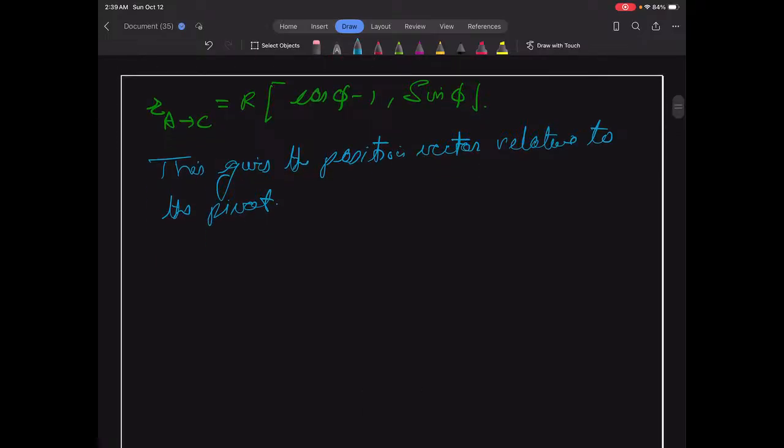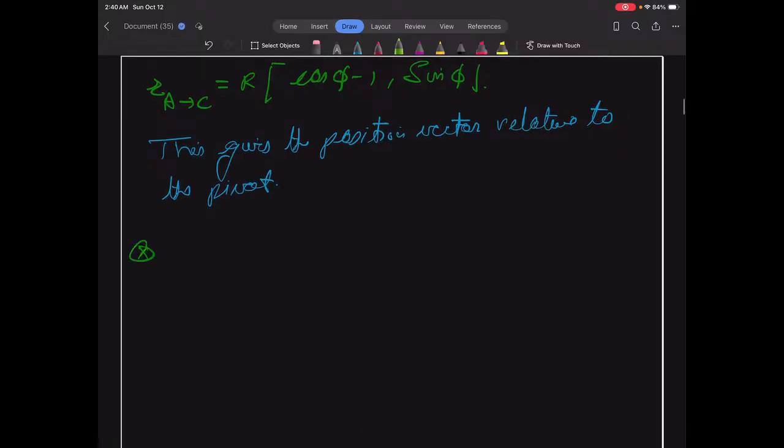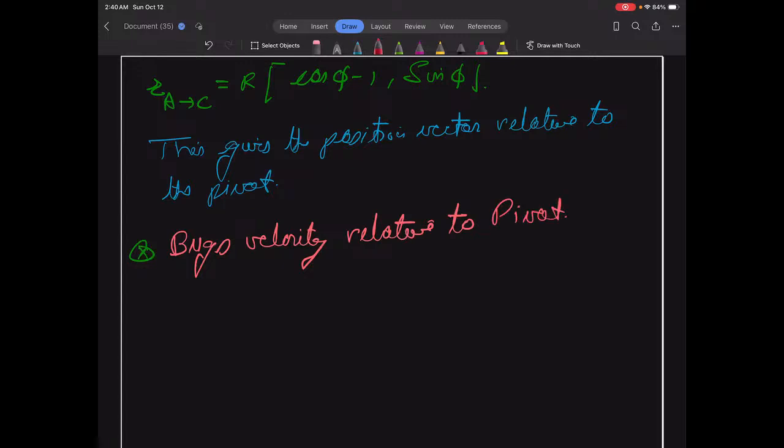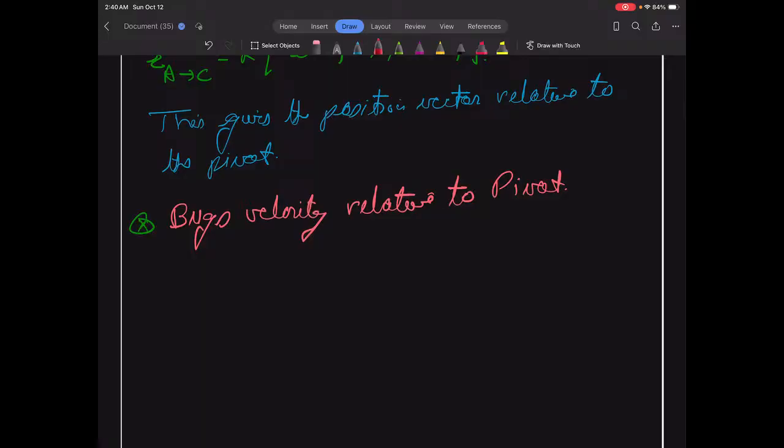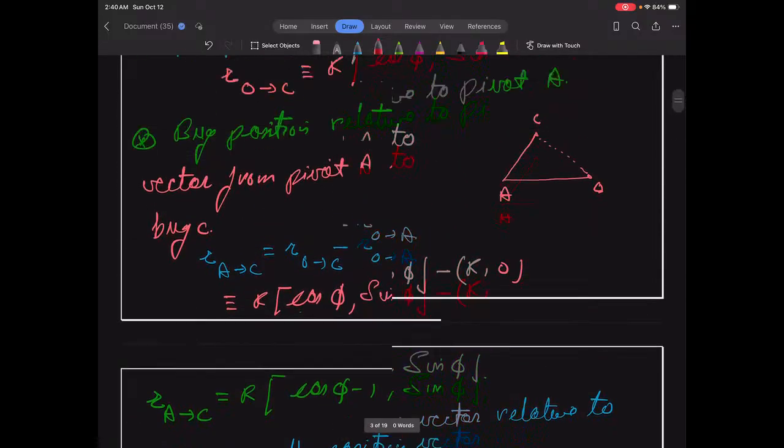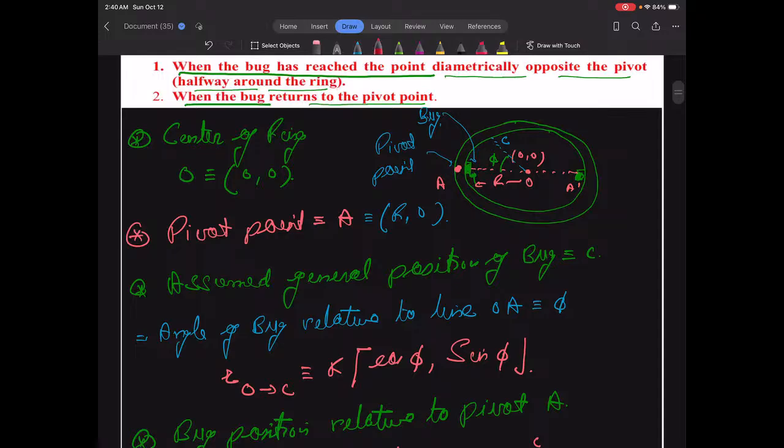Now next we are going to find out the bug's velocity relative to the pivot. As the ring is free to rotate about the pivot point, if the bug starts to move, the ring is also going to rotate.